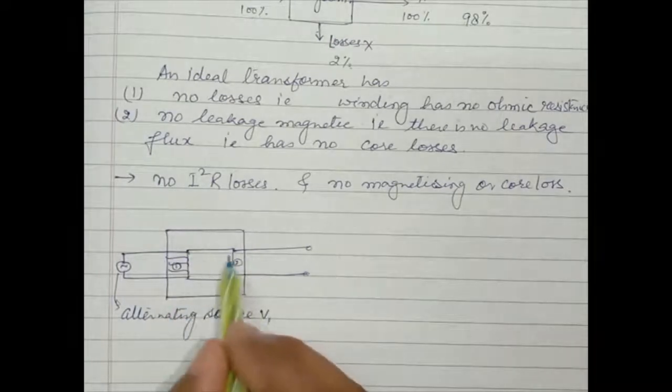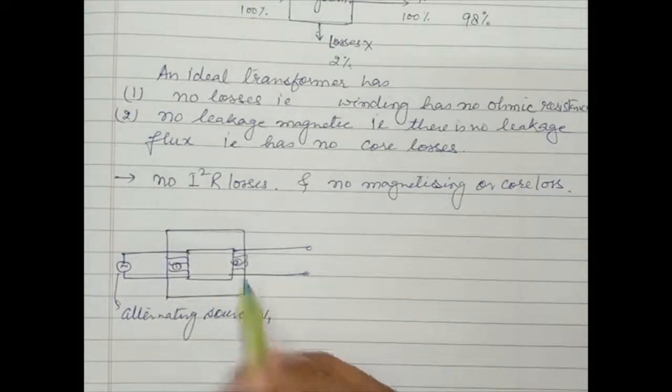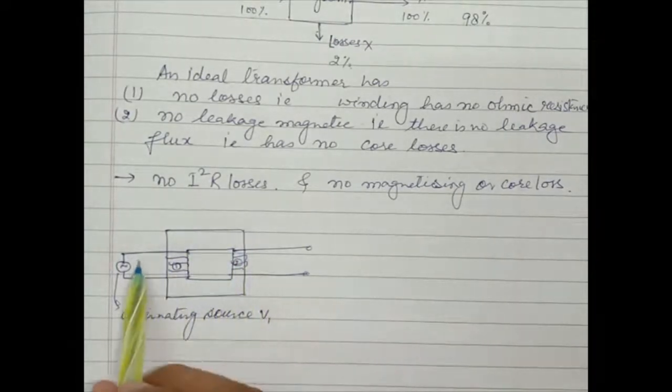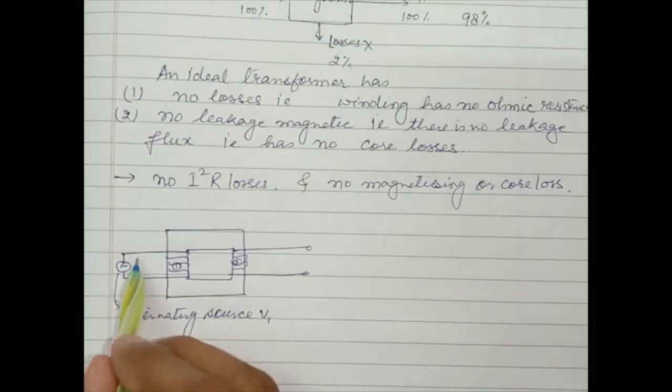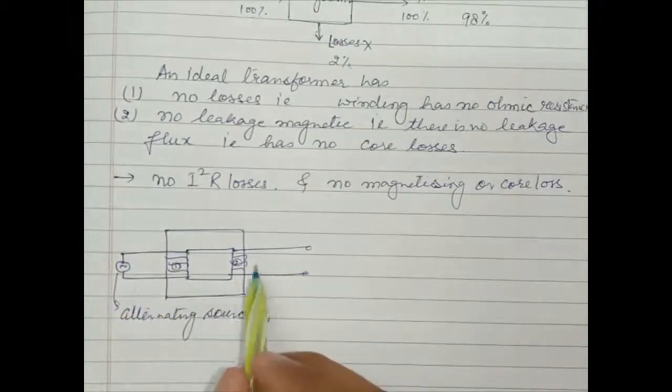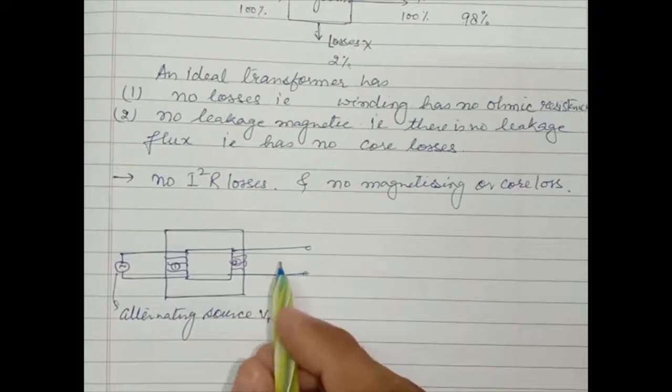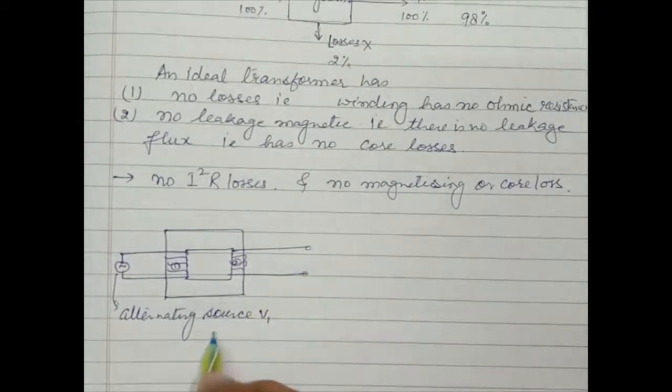So what will happen? This is basically an ideal transformer. Ideal transformer means we are not considering any resistance in the primary winding and no resistance in the secondary winding. So it is lossless, or loss free.